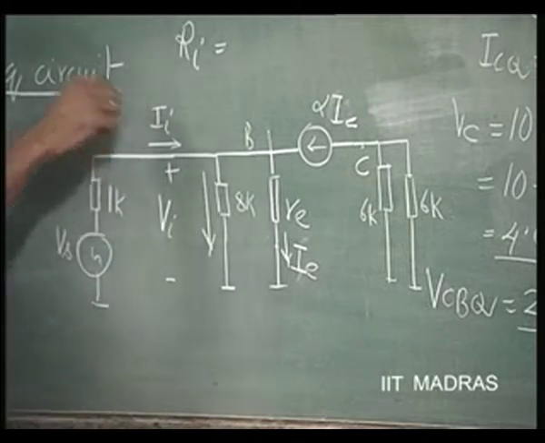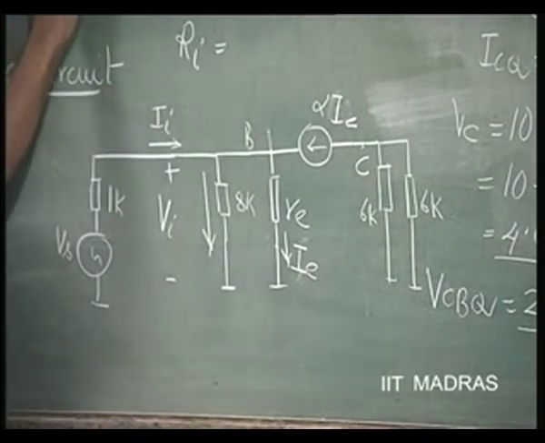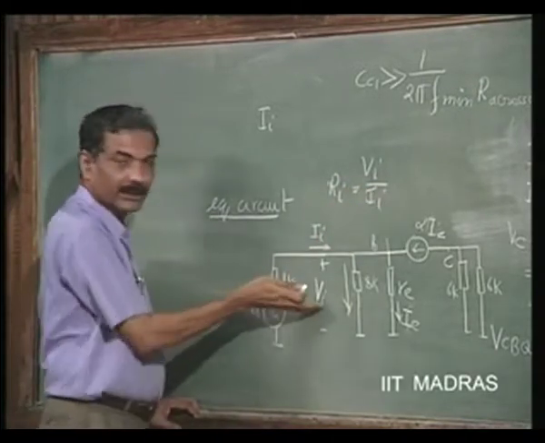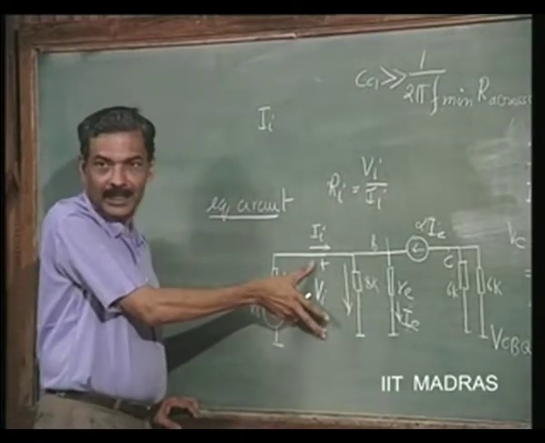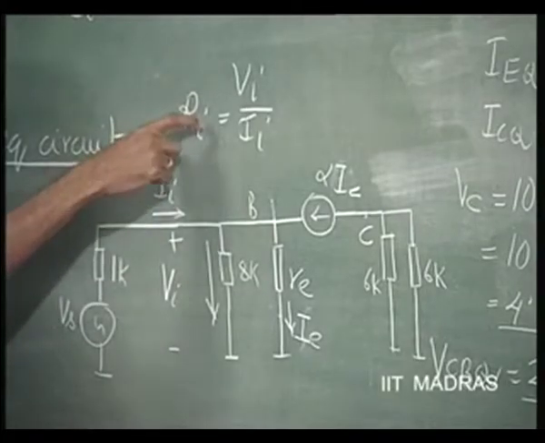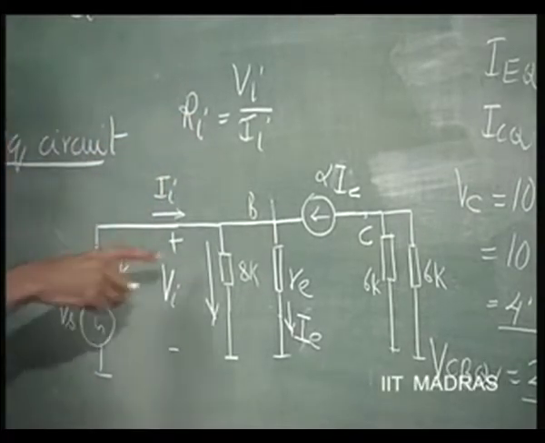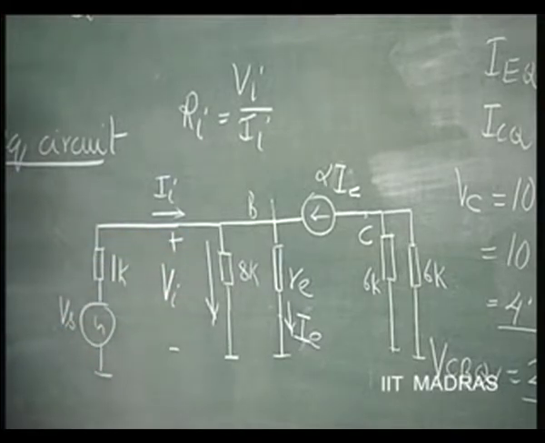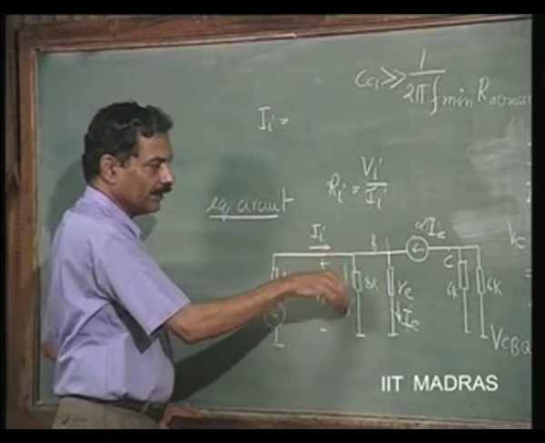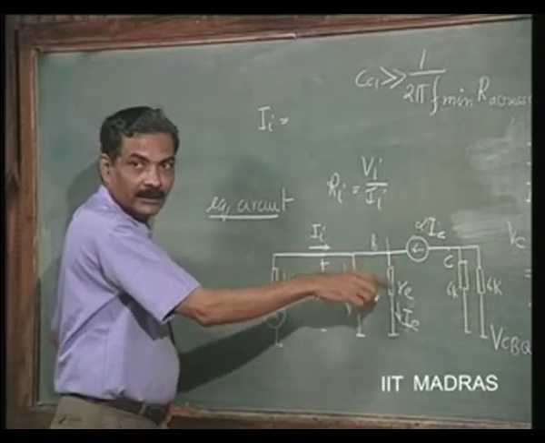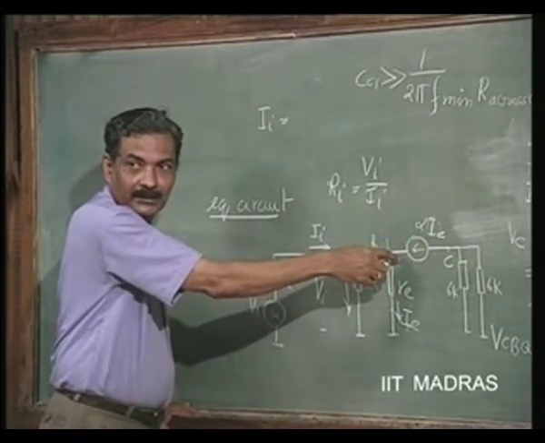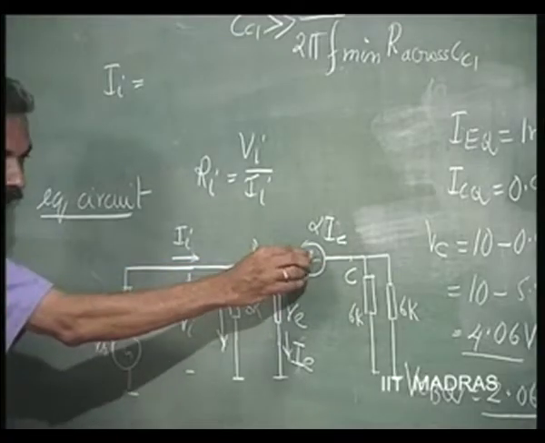So, the total current Ii, input resistance here is input voltage Vi divided by input current, that is the input resistance. So, Ii we will write in terms of Vi now. So, Ii is equal to, this current is this current plus this current minus this current. This current is in this direction.